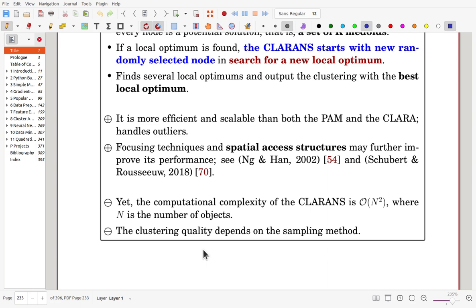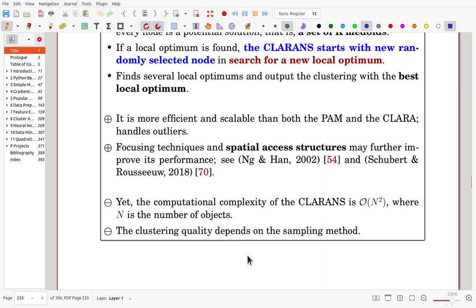And again, this is a warning saying that CLARANS may be worse than PAM in accuracy, and depending on the sampling method, the quality can be different.